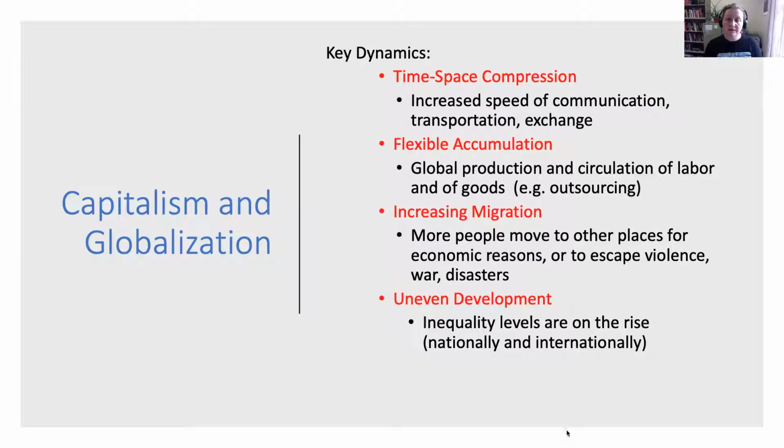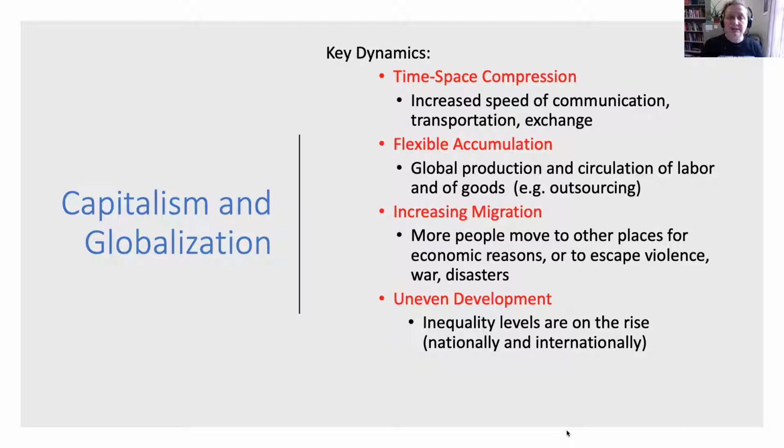Whereas in the contemporary period, after the 70s, and I'll explain the history of this, there was a big switch from that form of industrial production to a more flexible production that entailed companies sending parts of their labor and parts of the manufacturing abroad.